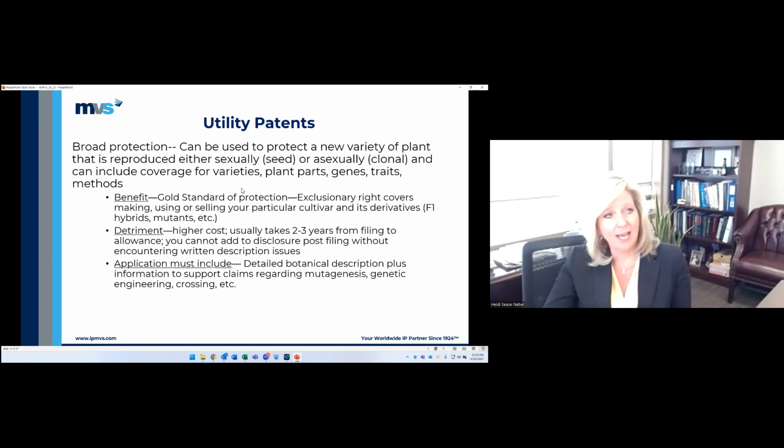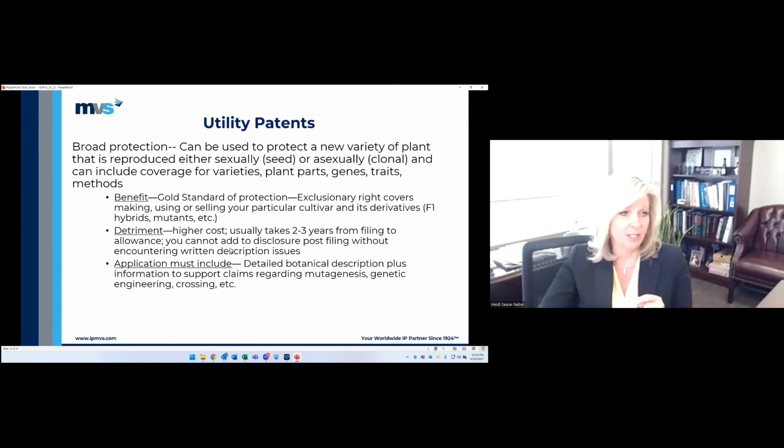So utility patents can also be used in addition to plant patents for asexual plants. So asexually produced plants can be the subject of a utility patent, and can also be the subject of a plant patent. Sexually reproduced plants that are seed propagated can only be patented by a utility patent.